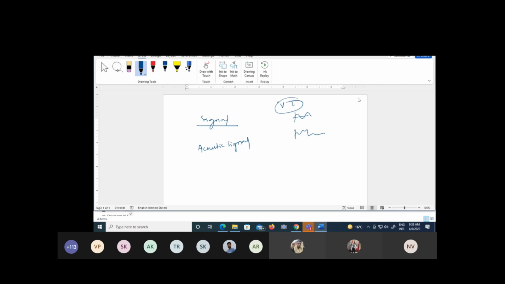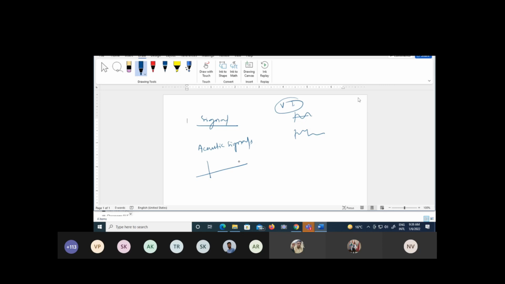All these signals, whether physical real-world signals or acoustic signals, come in various types: one dimensional, two dimensional, three dimensional, and various other dimensional signals are also available. Can you give an example of a one dimensional signal? A one dimensional signal means the signal values vary with one variable.